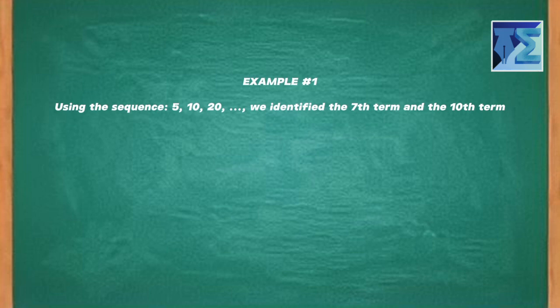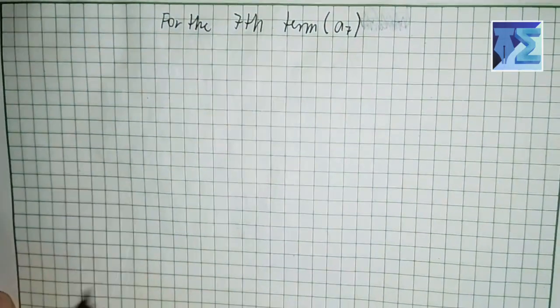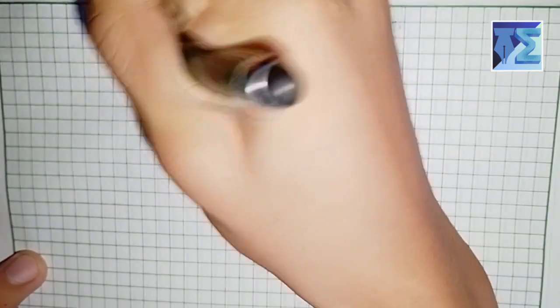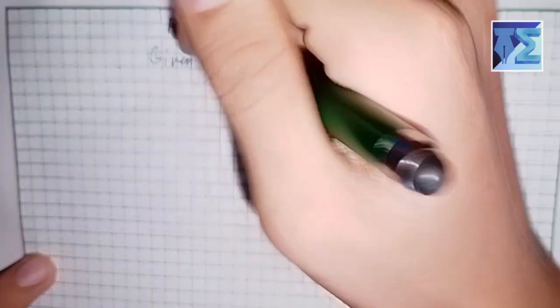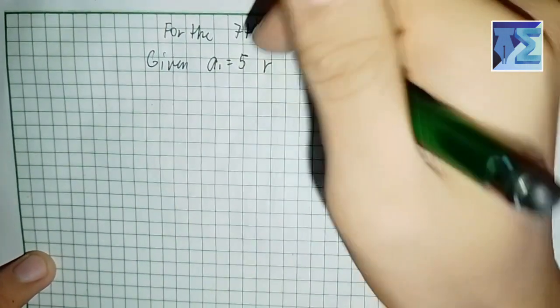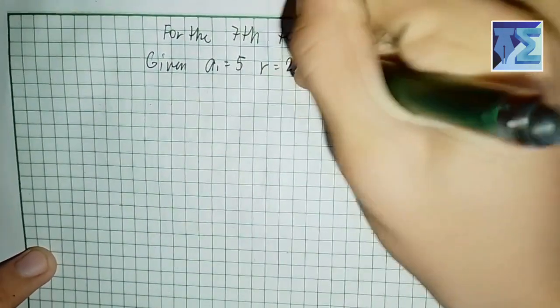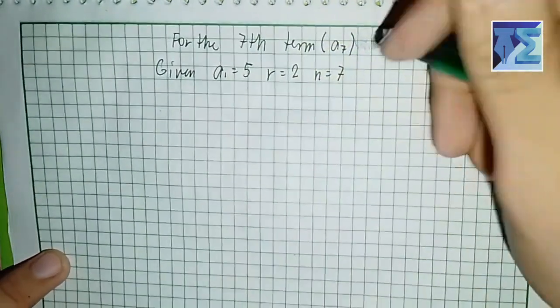Example number 1. Using the sequence 5, 10, 20, we identify the 7th term and the 10th term. For the 7th term, given is a sub 1 equals 5, common ratio is 2, and n is 7.